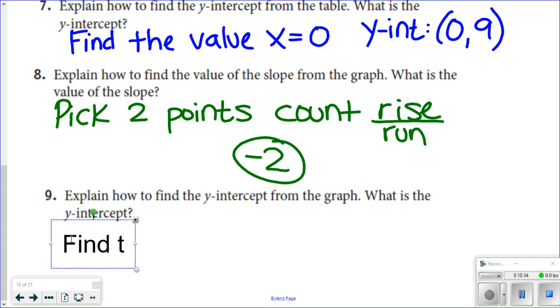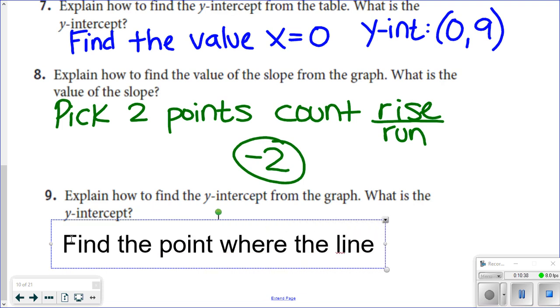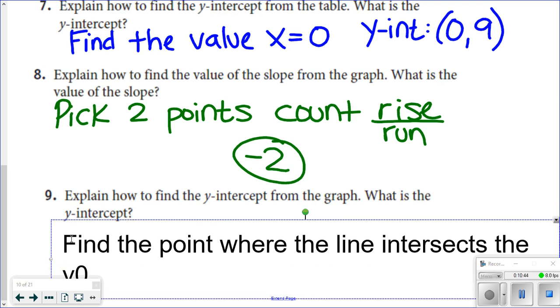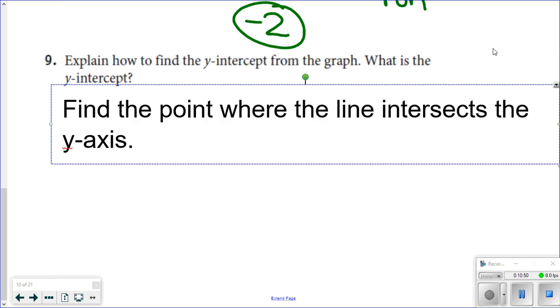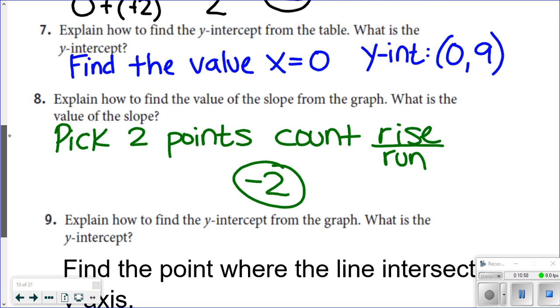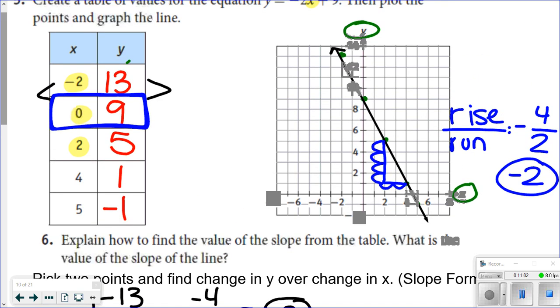We would find the point where the line intersects the y-axis. So if we scroll back up to our graph, our y-axis is our vertical axis.